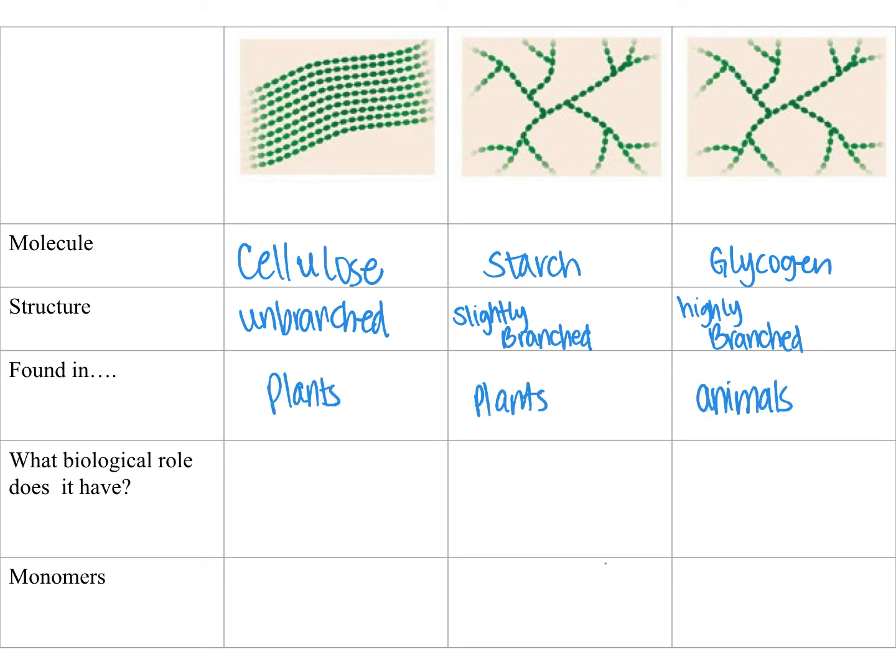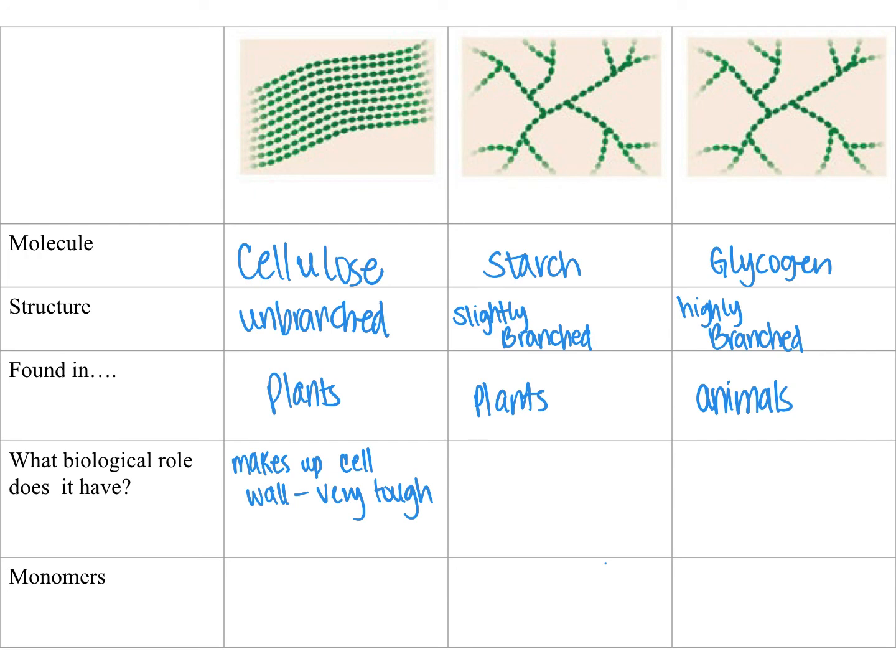Now, because they have different structures, they also have slightly different functions in different organisms. So for cellulose, this is the carbohydrate that makes up the cell wall. And that is because this is a very tough molecule. You need a specific enzyme to break it down, and not very many organisms have this enzyme. So that makes for a very strong cell wall.